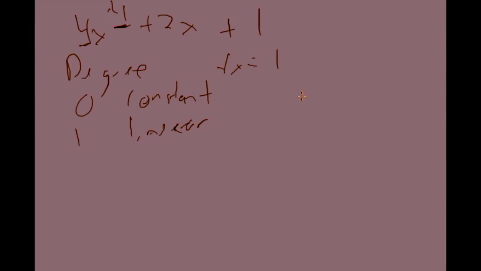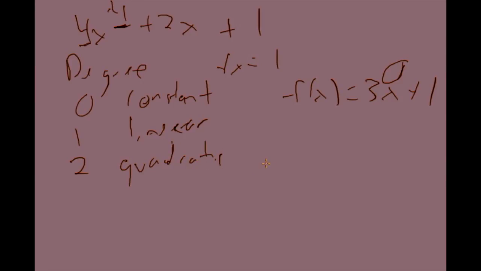So this is like f of x equals 3x plus 1. The exponent is 1, implied. Okay, 2 is your quadratic, like 2x squared plus 3x plus 1.